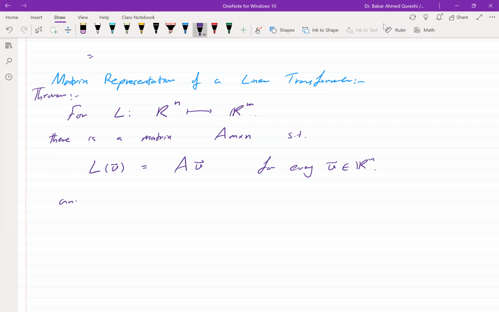And we also know what this matrix would be. This matrix is given by the linear transformation on the standard basis vectors. Take the standard basis vectors, get the new vectors, and make the columns of A through those vectors.